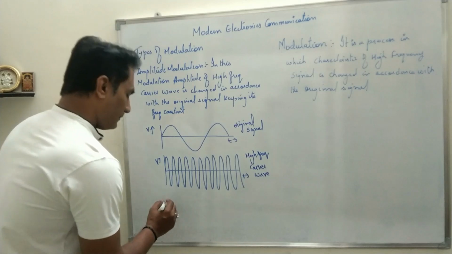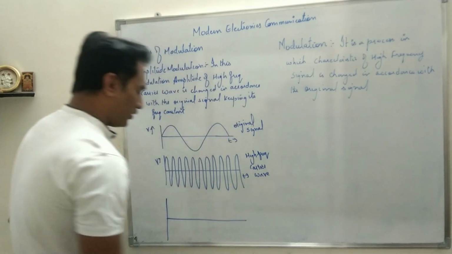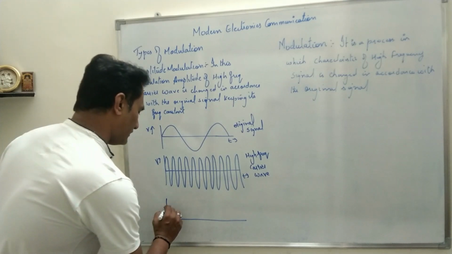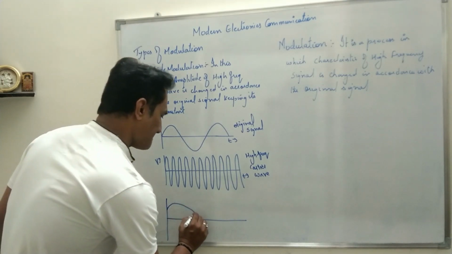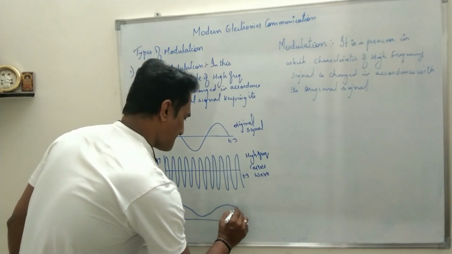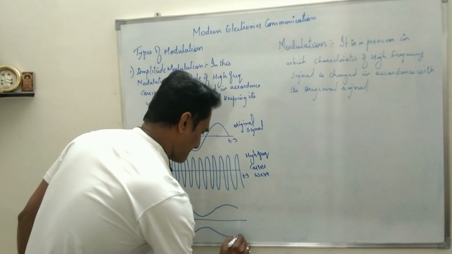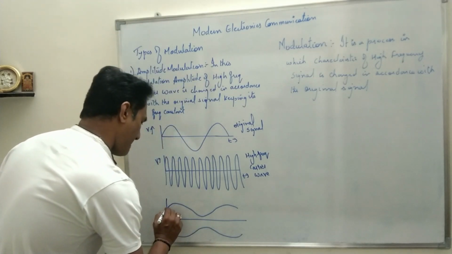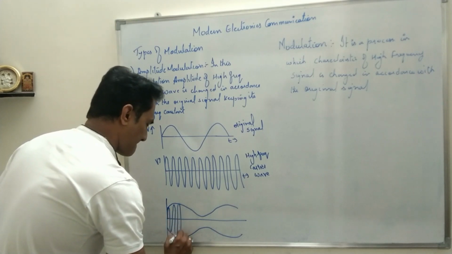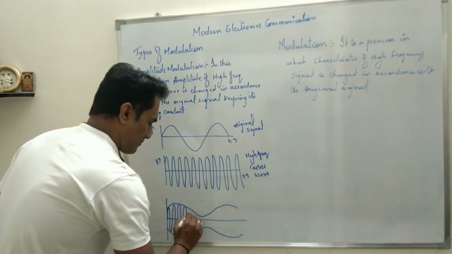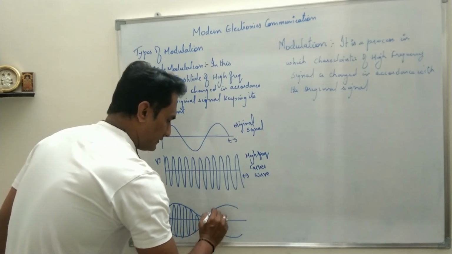Okay, so the modulated wave for amplitude modulation will look like this. See, the modulated waveform will look like this.